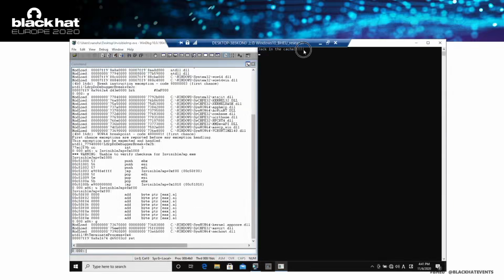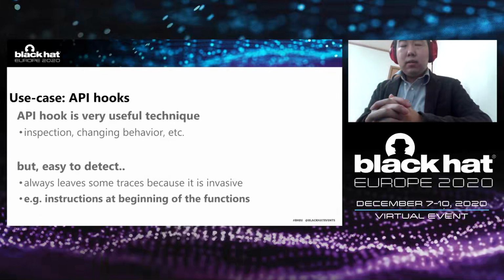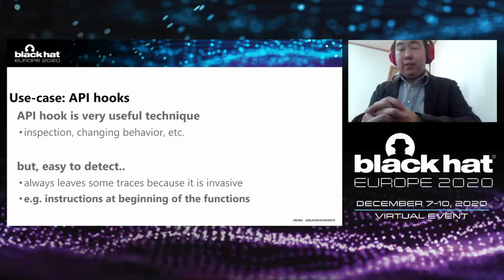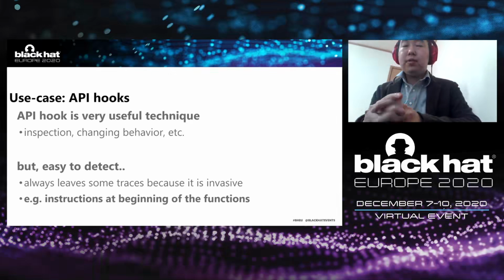Interesting, but is it useful? Okay, let's talk about use cases. One of them is API hooks. It is a very useful technique for inspection, changing behaviors, and so on. But it is easy to detect because it is invasive. It always leaves some traces.